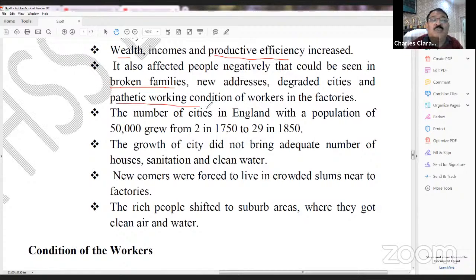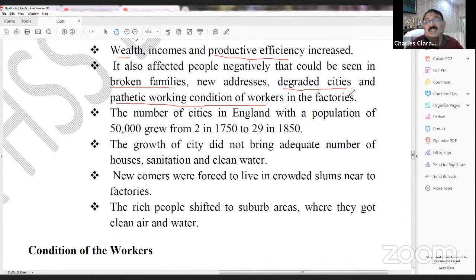The working conditions were very bad, because you must understand, the machines were not the kind of machines we have today. The machines would use so much oil and all kinds of things. So working on those machines was really pathetic. It was difficult, and people worked on it.